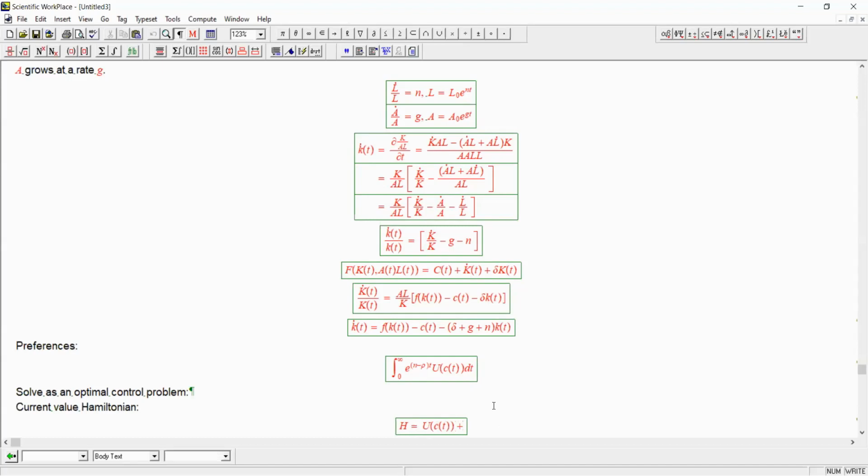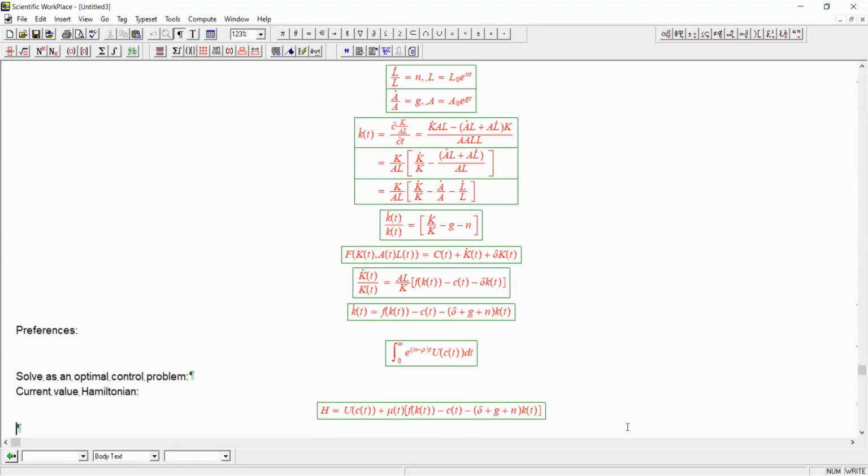Then we have a multiplier times the expression for k dot, since k is our state variable, and that's this. That's our Hamiltonian. The control variable is c, the state variable is k, and mu is our multiplier or co-state. What's the optimality condition?